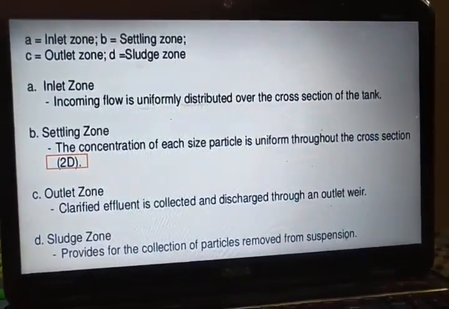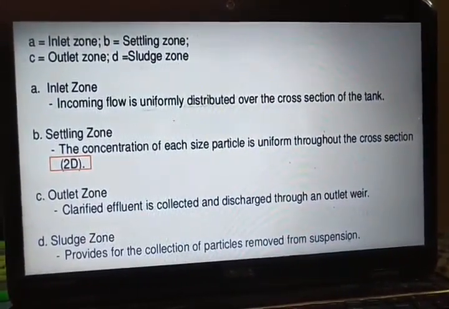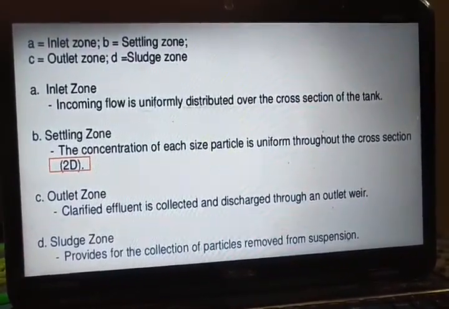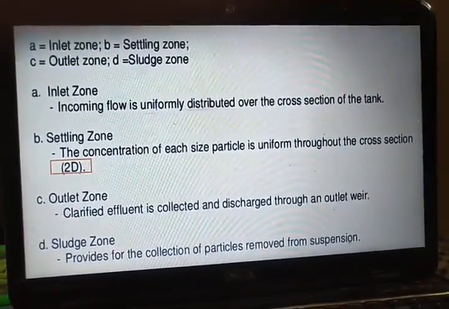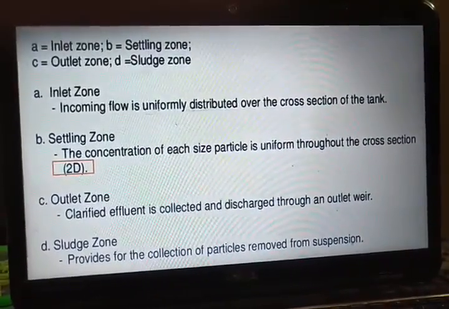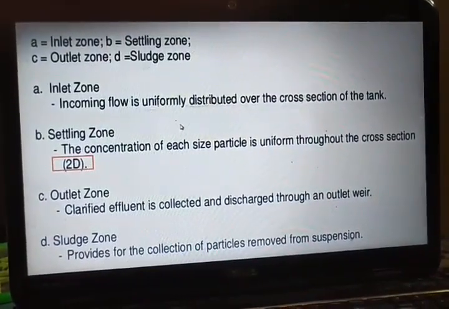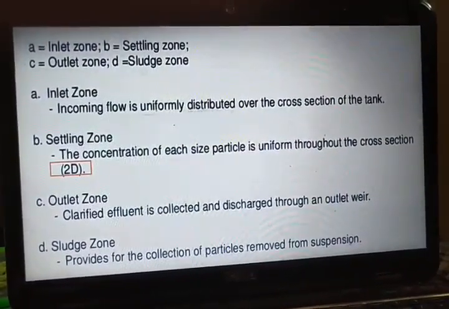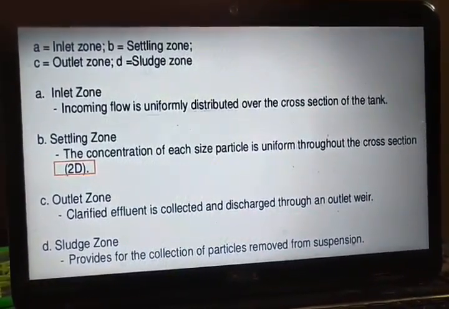This can be done by various types of arrangement depending upon the type of the sedimentation tank. The ultimate aim of the inlet zone is to reduce the velocity of the flow so that the water enters slowly into the sedimentation tank.